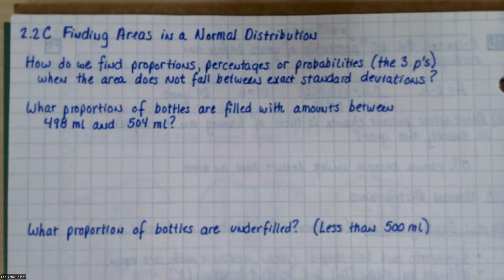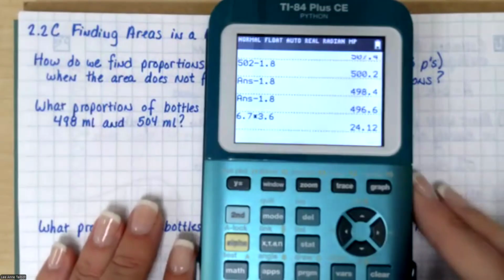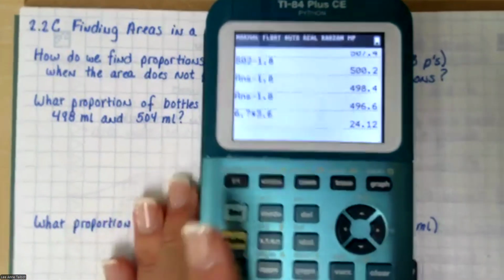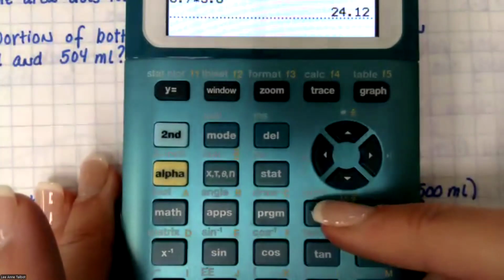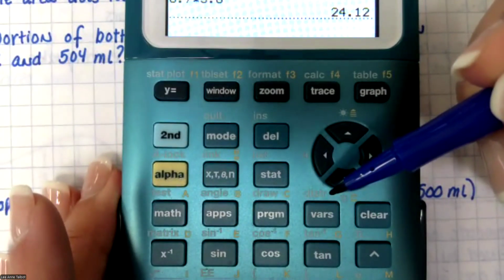There is a function in your calculator that you need to be able to do this, and it is located in the distribution menu. This is probably the first time that you will access that. It's called DISTR.